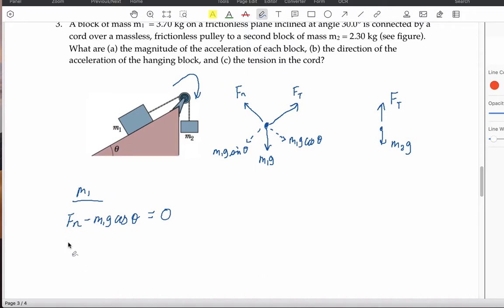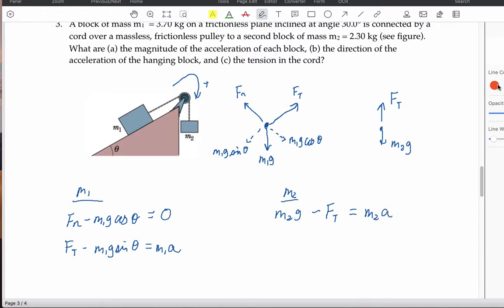So what we're going to say is ft minus m1g sine theta equals m1 times a. And then for m2, we're going to assume that this direction is the positive direction. So that means m2g minus ft equals m2 times a.